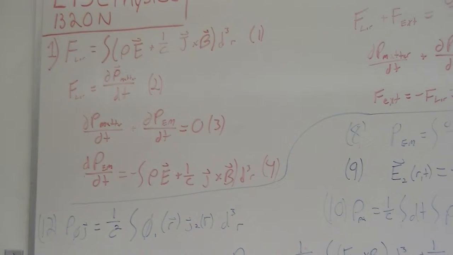Then it talks about the conservation of momentum with no external force, which is related to one of Newton's laws. As you can see, it has the partial of the momentum of matter with respect to the partial of time, plus the partial of the momentum of the electromagnetic field over the partial of time, and when you add them together they equal 0, which represents the third equation I have up there.